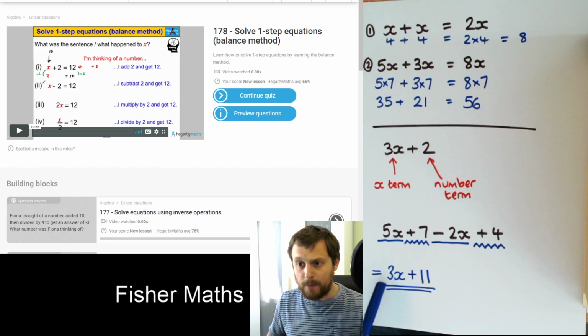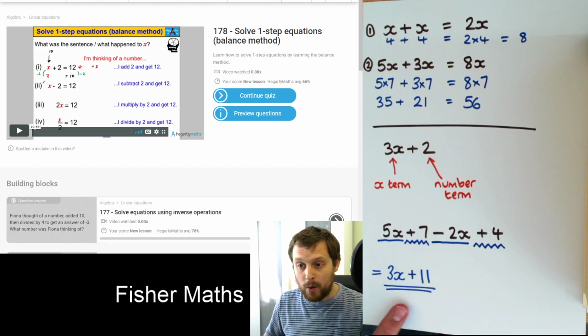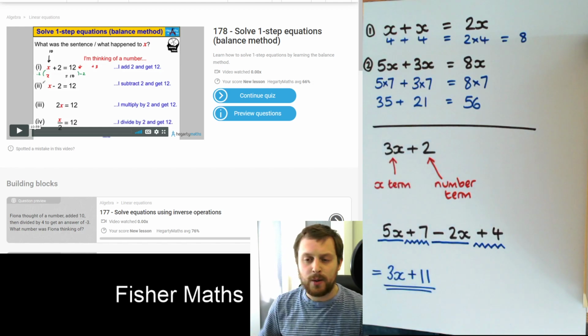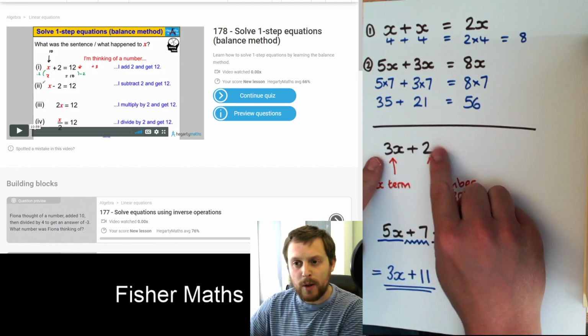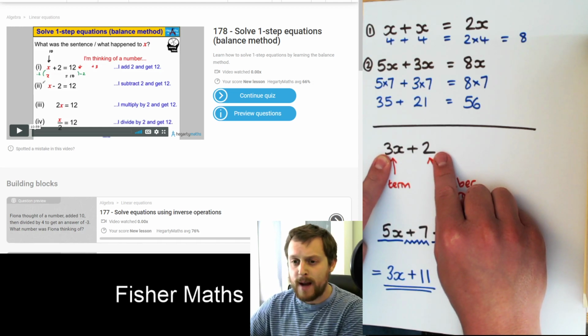I've got an x term and a number term. This cannot simplify anymore. This is nothing to do with the number 14, just like this was nothing to do with the number 5. The reason this one has nothing to do with the number 5 is because of BIDMAS.